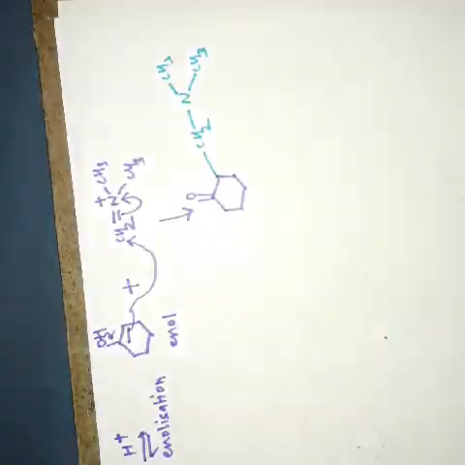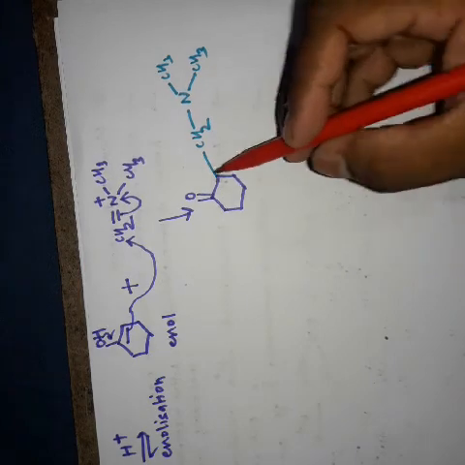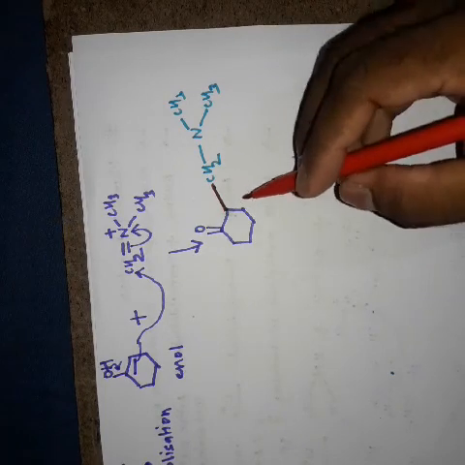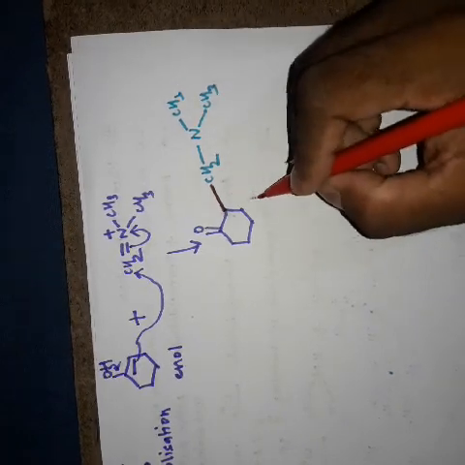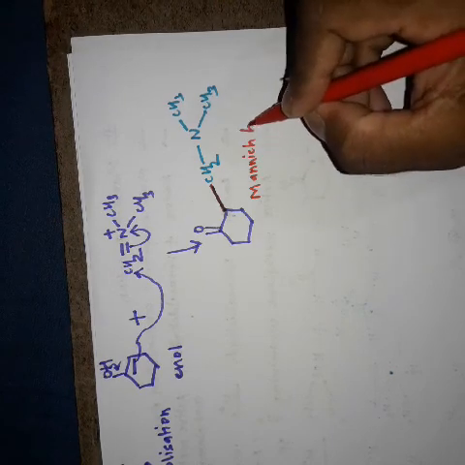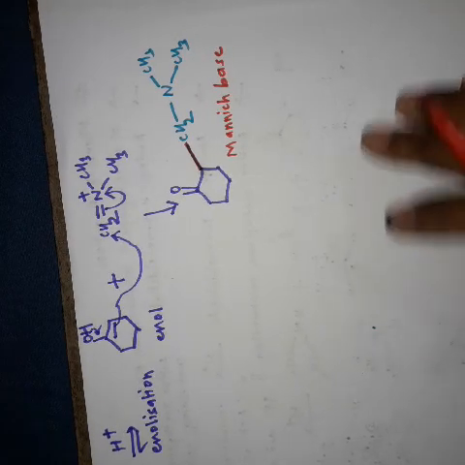So this is the new carbon-carbon bond that has been formed, and this is the final product that we have got, which is our Mannich base. Okay, so this is how the mechanism goes.